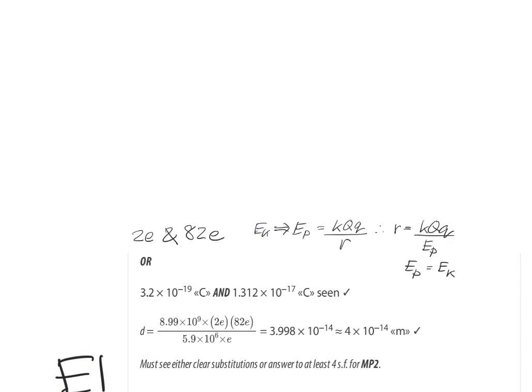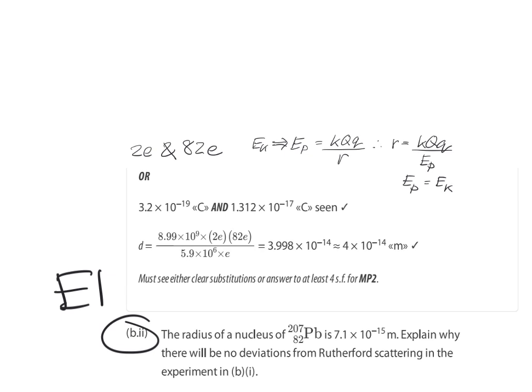And so if we solve for r, the distance of closest approach, we get kQq over the energy, which was 5.9 mega electron volts. And when you run the numbers, you get about 4 times 10 to the negative 14 meters.